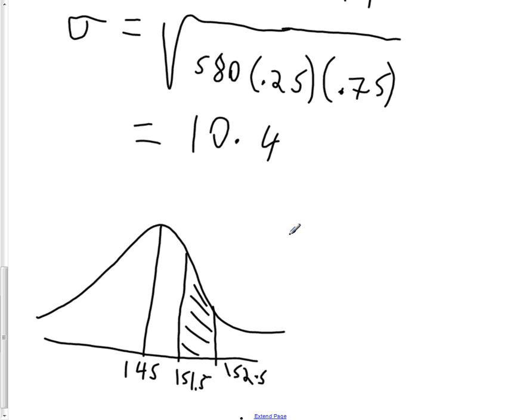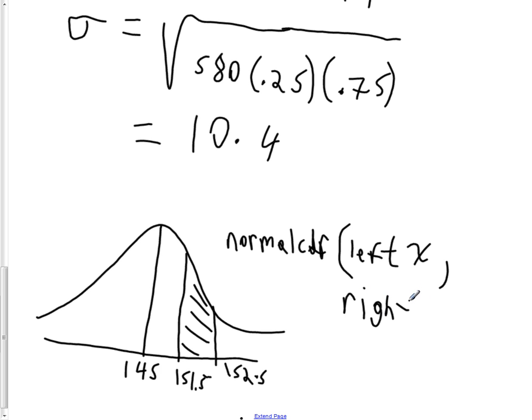Actually, we can use the normal CDF in a different way. We're going to put these parameters into the normal CDF function. Instead of the left z, we're going to put the left x, comma, then the right x, comma, then the mean, comma, and then the standard deviation, and then close our parenthesis.